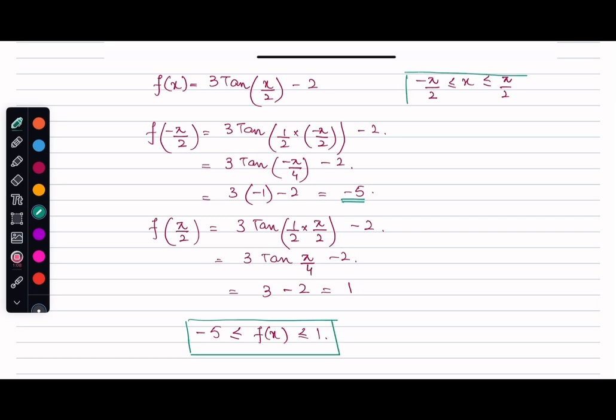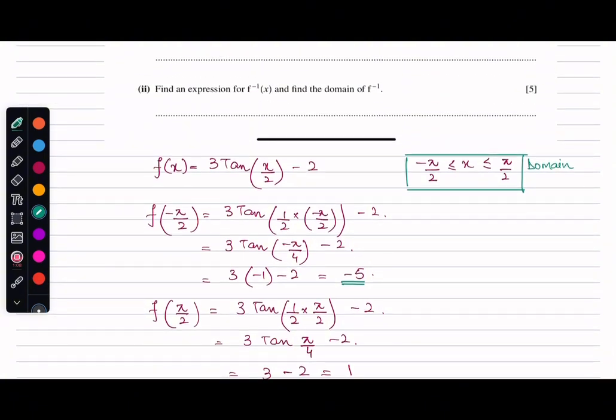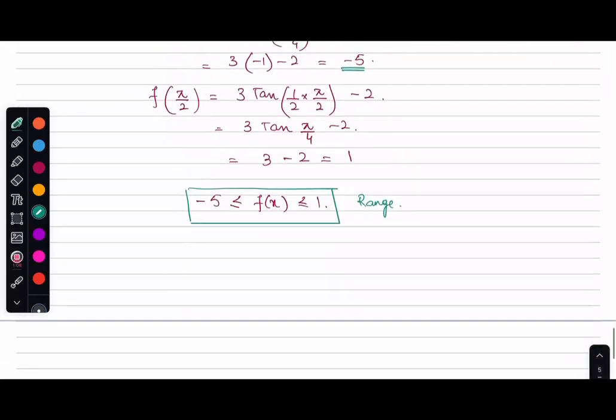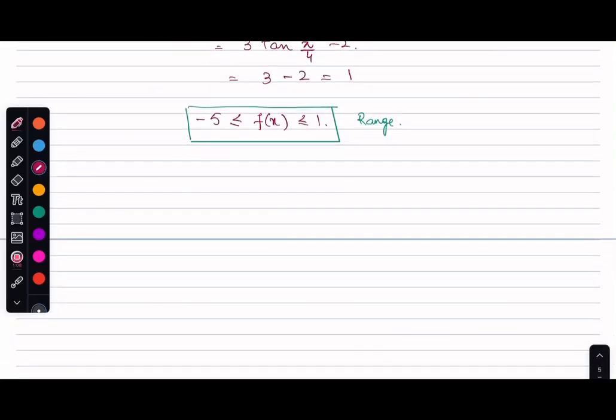So for the range and domain of the inverse function, I will just be switching the two domain and range intervals that I have here. The question has asked us to get the expression for f inverse. So let's do the expression for f inverse. f of x, or I can say y, is equal to 3 tan 1 by 2 x minus 2.